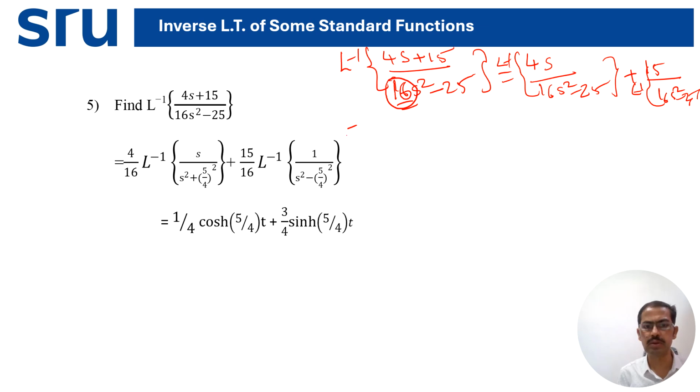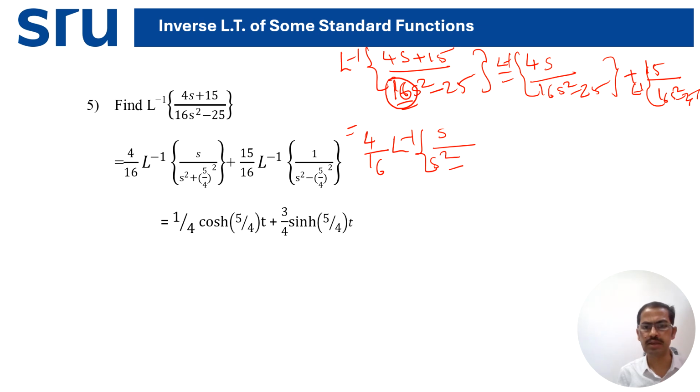This is equal to 4 by 16 from the first fraction, 4 by 16 into the inverse Laplace transform of this, with 4 taken out here, s by s square.